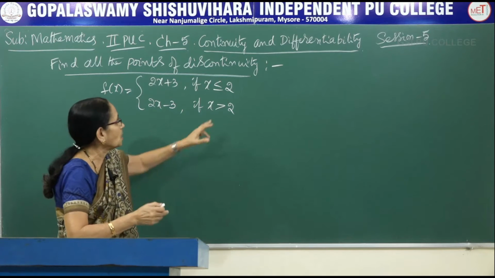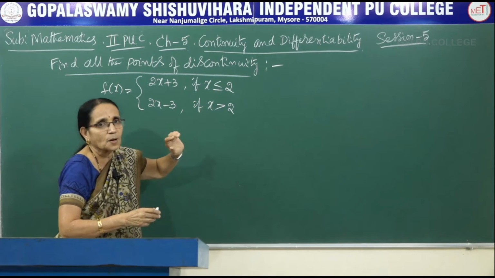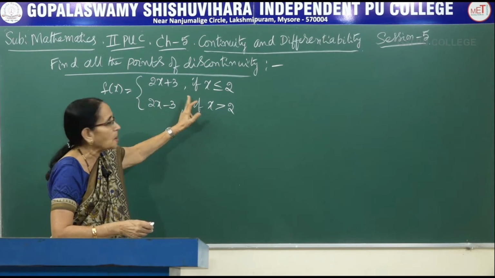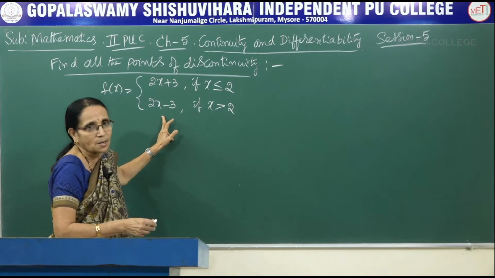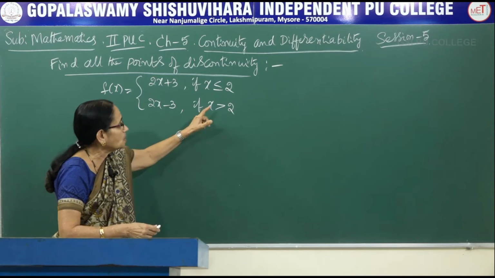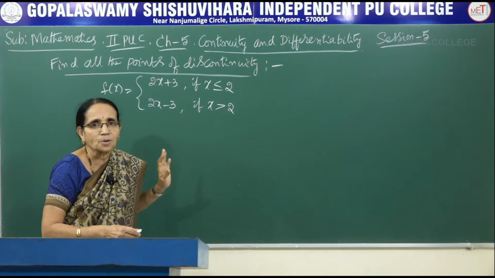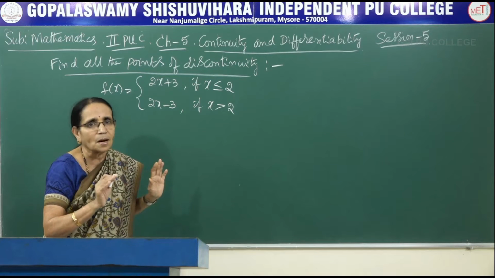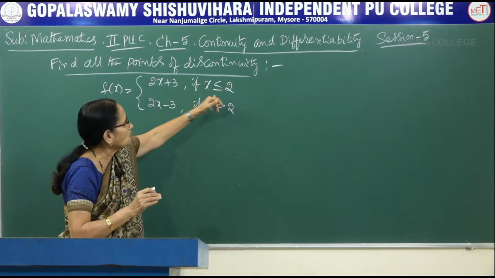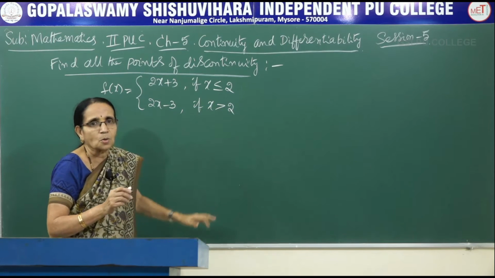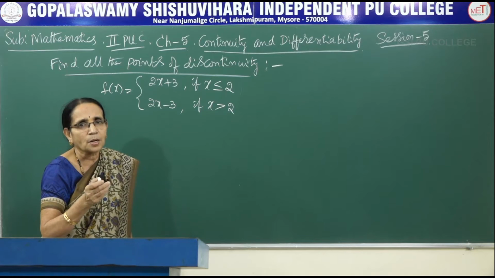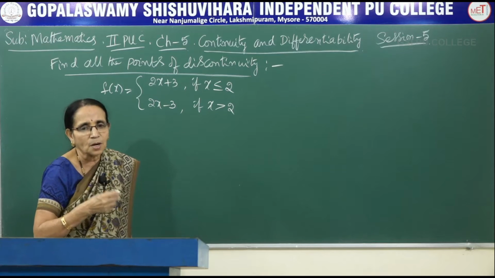And exactly 2, at this point, for the left hand limit the function is defined like this, for the right hand limit it is defined like this. Therefore, when you take the point exactly x equal to 2, we have to consider both the left hand limit as well as the right hand limit. Otherwise, for the value less than 2, for the value greater than 2, we take a general point c, and at that point we try to find out about the continuity of the function.